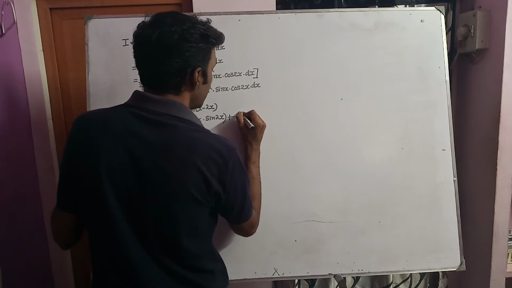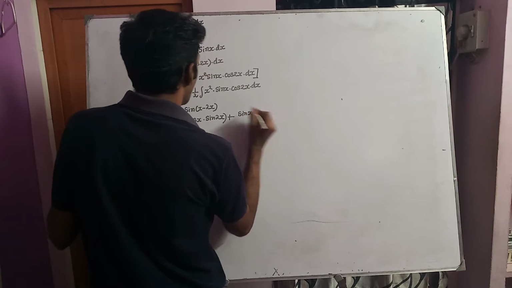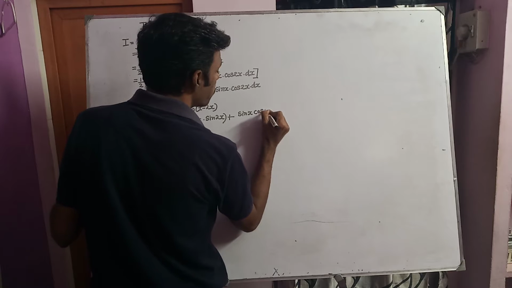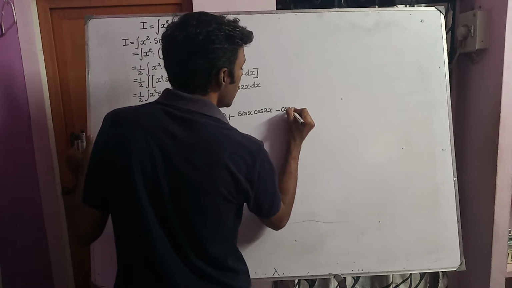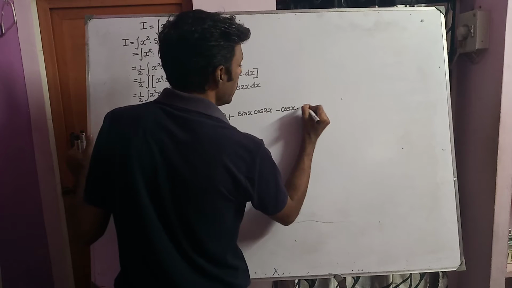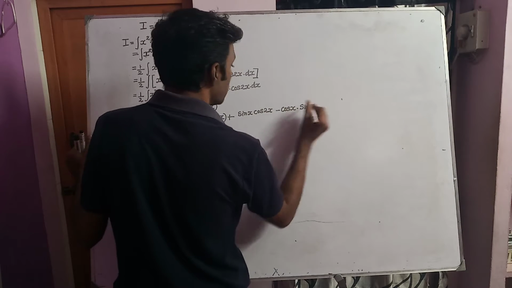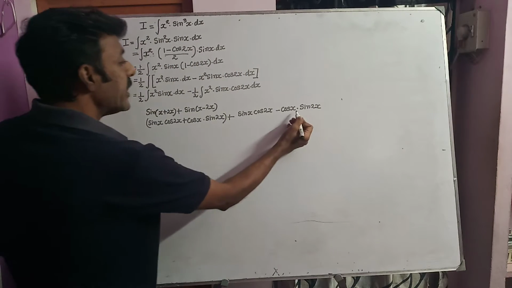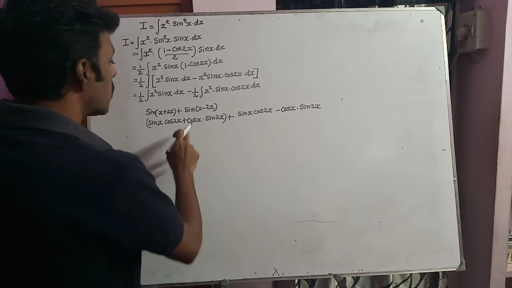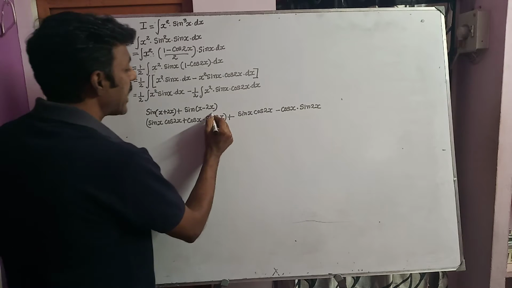So minus cos x into sine 2x. I can cancel both the terms.